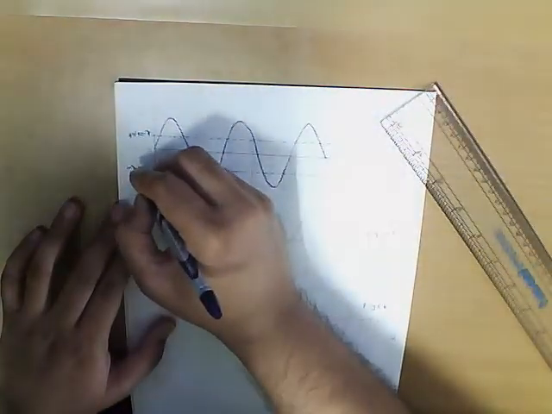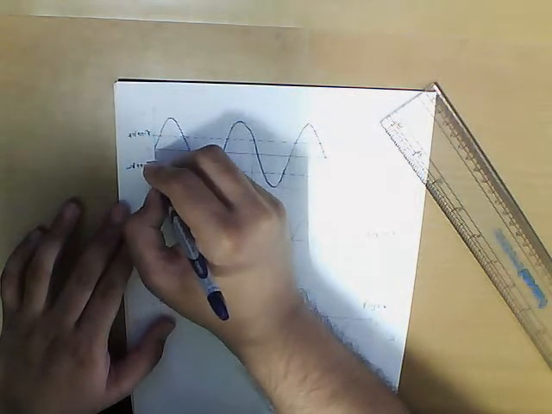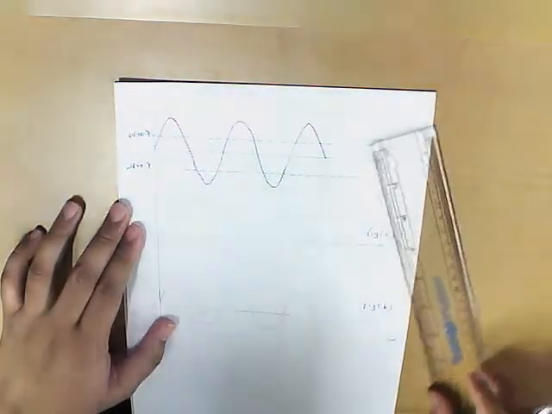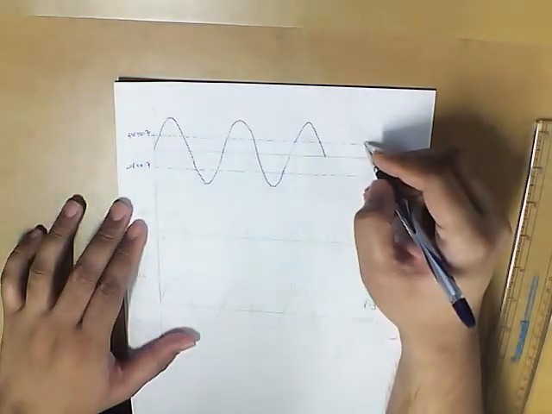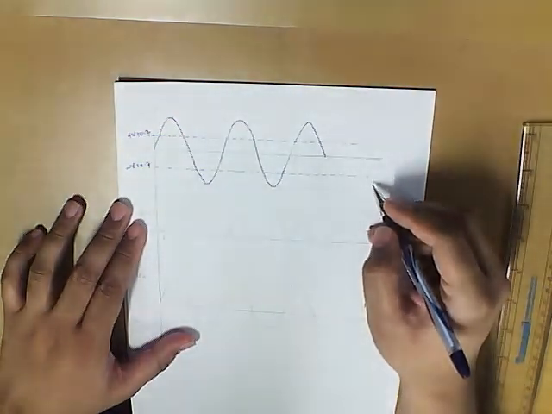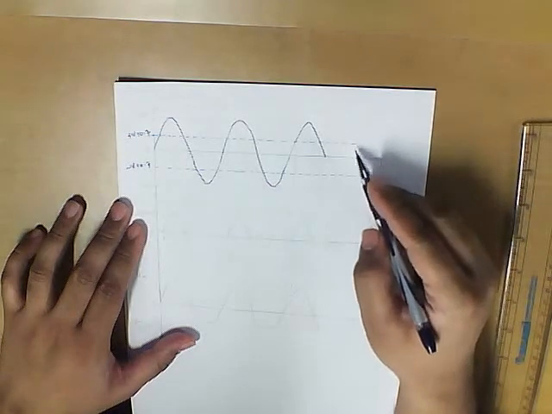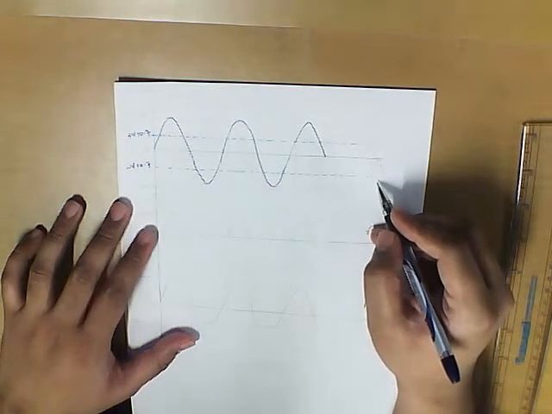So we can see that we are having two levels. Figure A works with the first level, and figure B works with the second.